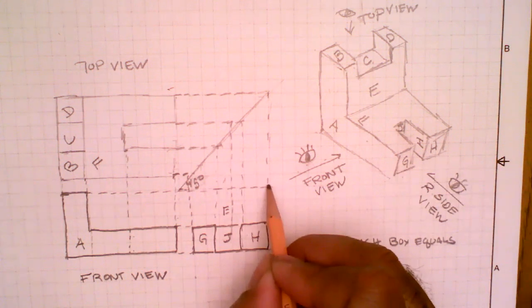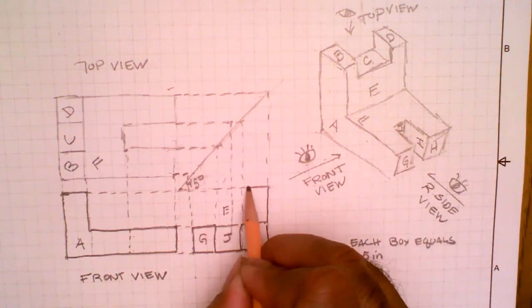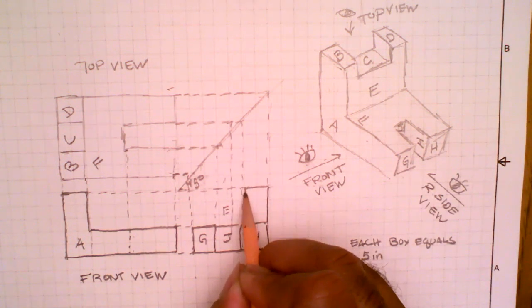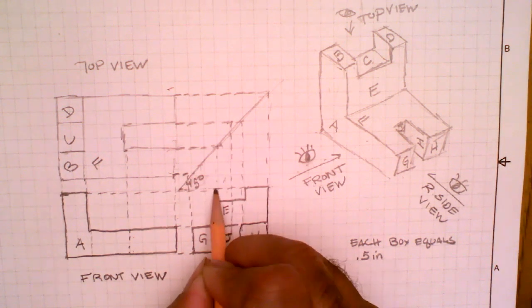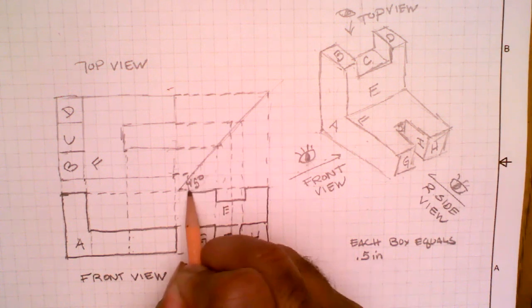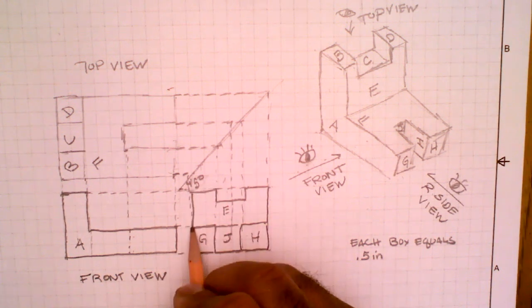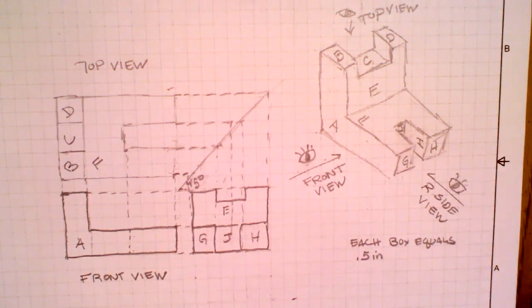So I come up, over, down, over, up, over, and down. I'm going to label this, and I'm just going to abbreviate right side view.